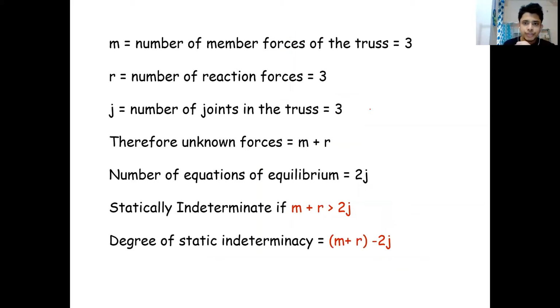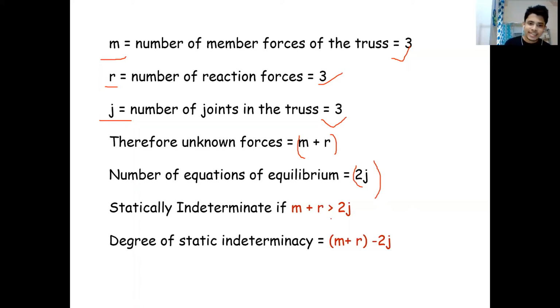So this is how we denote. M is the number of members, 3 in this case. R is the number of reactions, 3 in this case. J is the number of joints in the truss, 3 in this case. So the total unknown will be member forces plus reactions, and equations of equilibrium will be 2 times the number of joints.